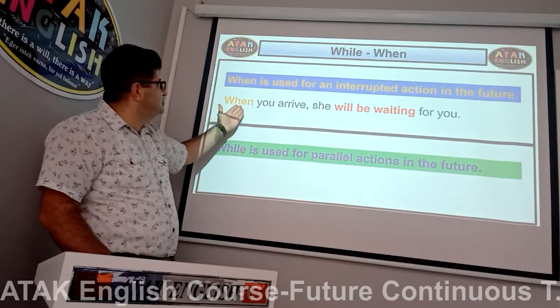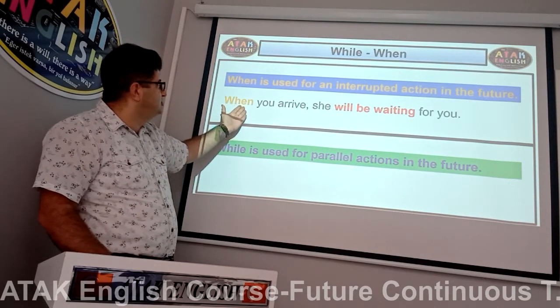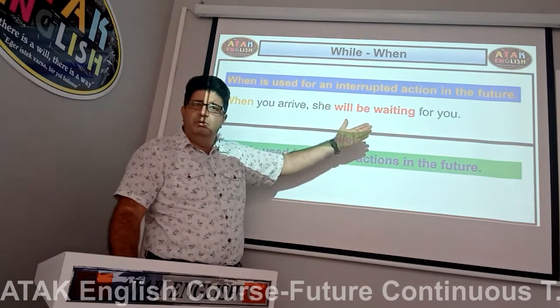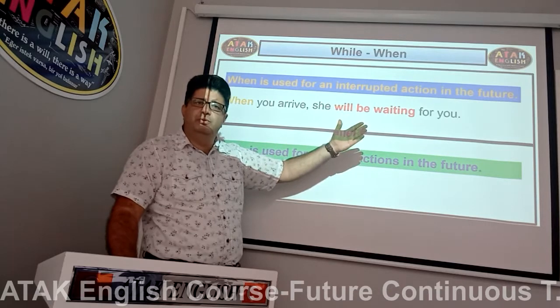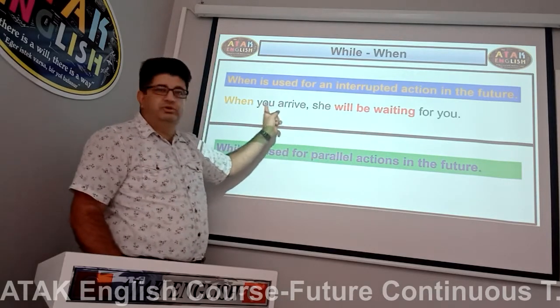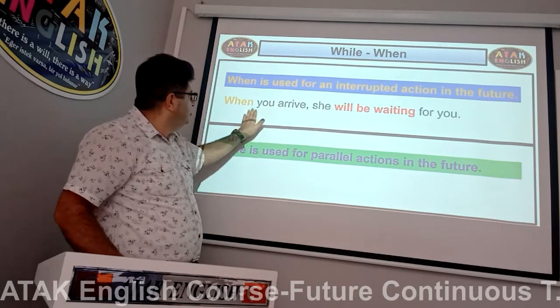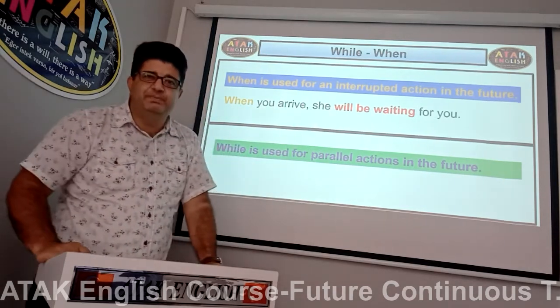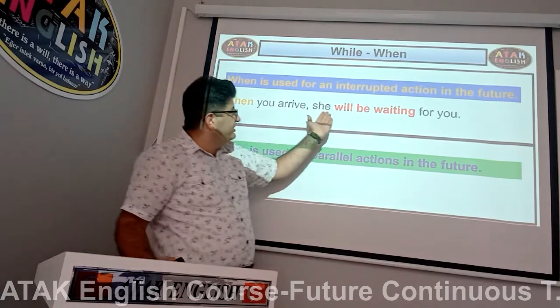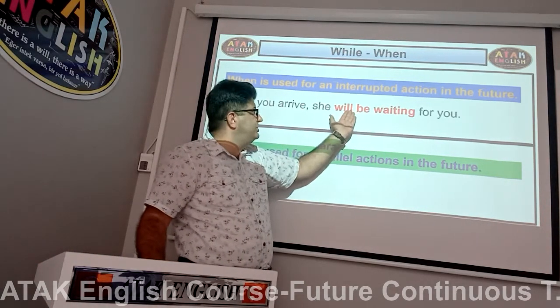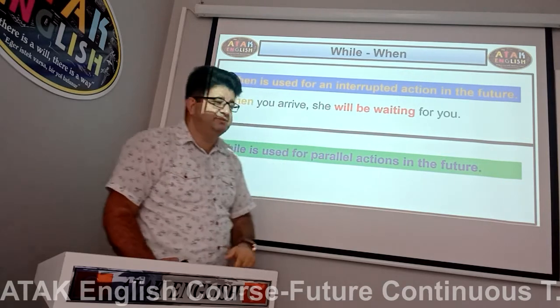So when is used for an interrupted action in the future. She will be waiting for you. She will keep on waiting for you until you arrive. That's why your arrival is a stopping action here. So the other part will be in future continuous tense.